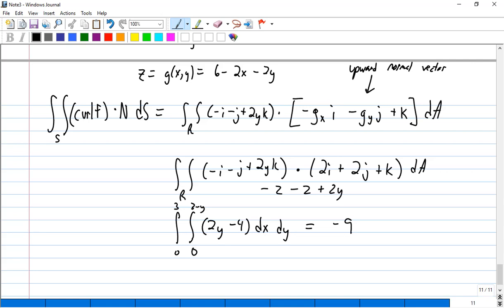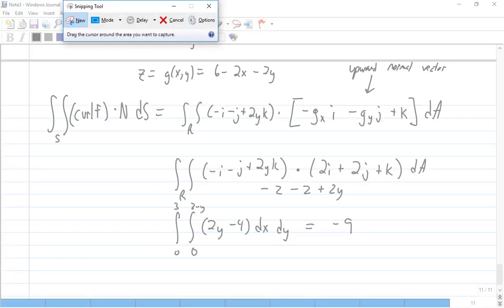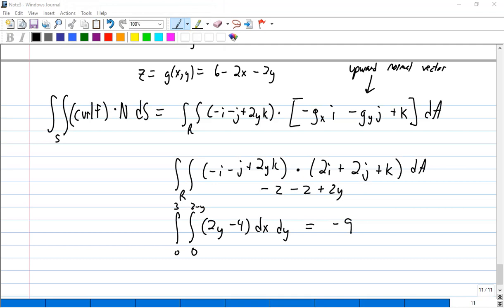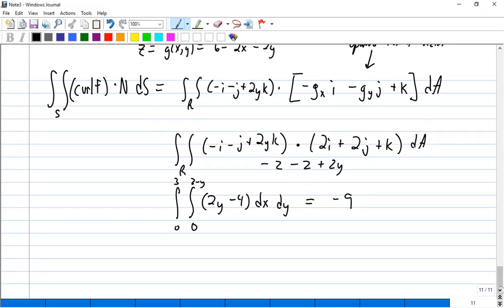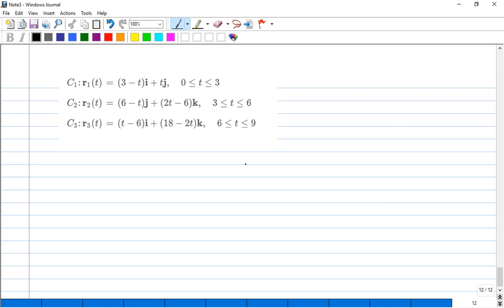So that is the value of the line integral using Stokes' theorem. You could go back and do it the long way like we did with the parametrization. Let's say we didn't have Stokes' theorem and had to use the parametrization. You don't have to write this down, I just want to show it to you. For that figure, you could set up your parametrization like that for each one of those paths.